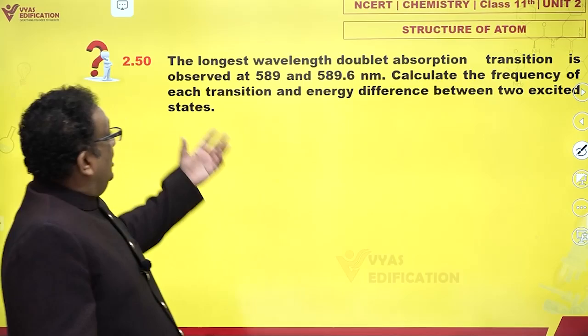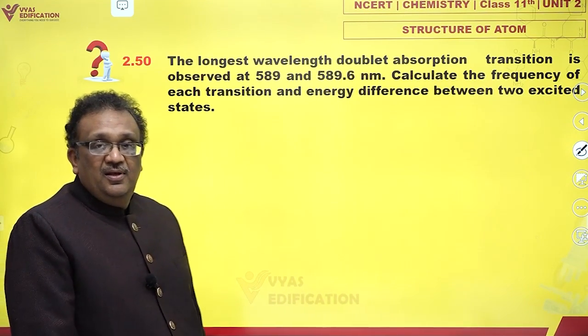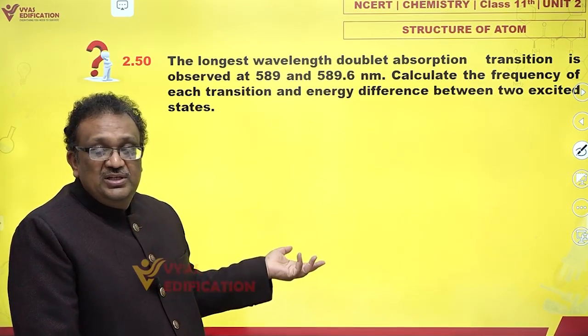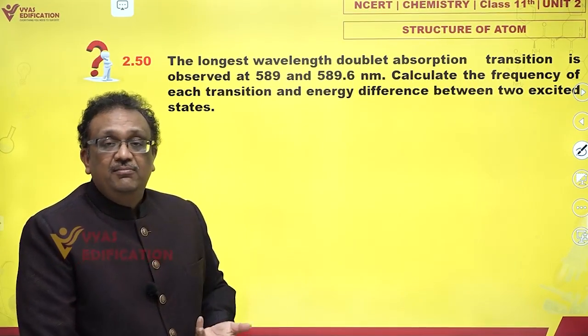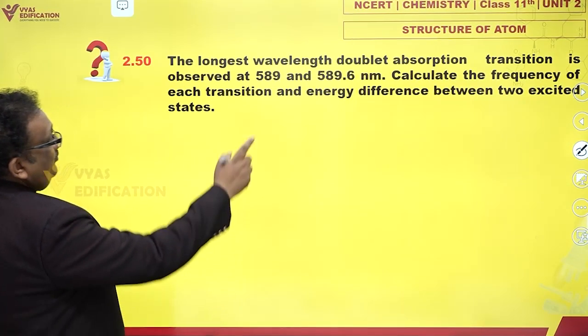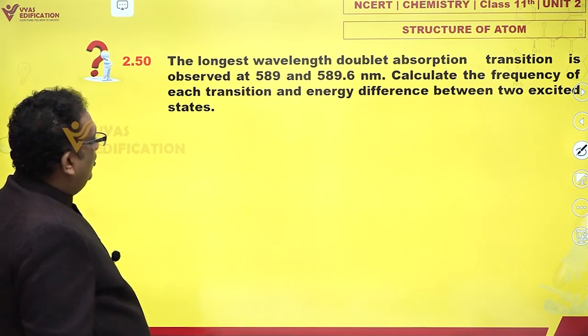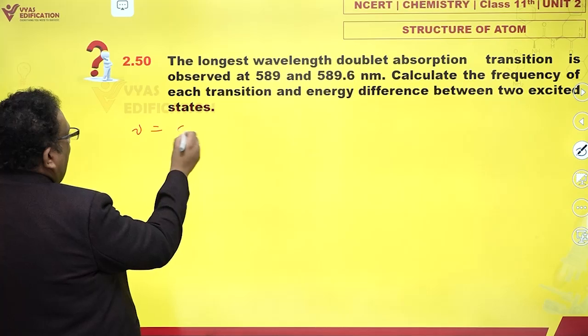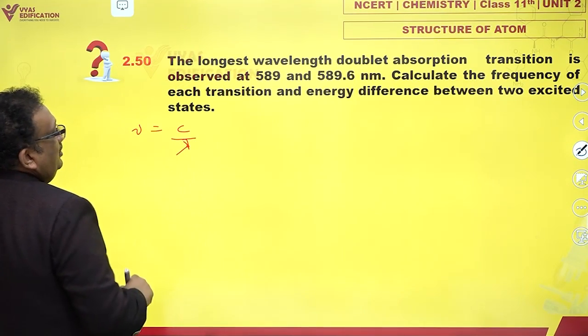Even if you don't understand the phrase, there is still a way you can solve the problem. You're given two lambdas, and you're supposed to find two frequencies and the difference in energy between them. Not a big deal. So, first of all, wavelengths lambda 1, lambda 2. Now, ν is c by λ.